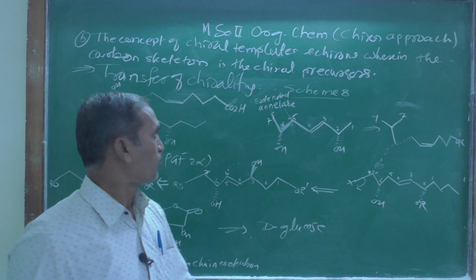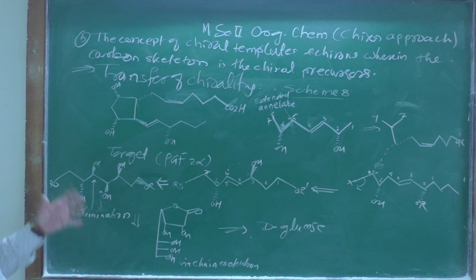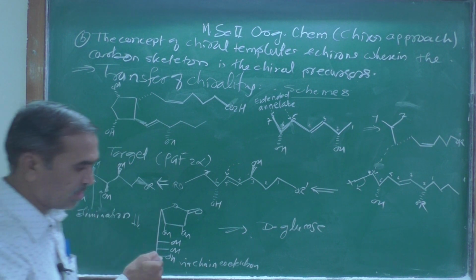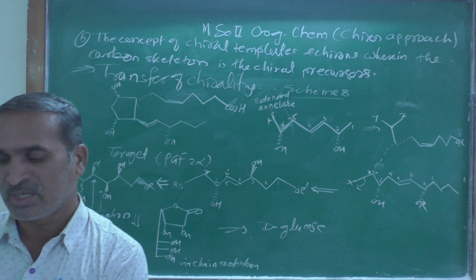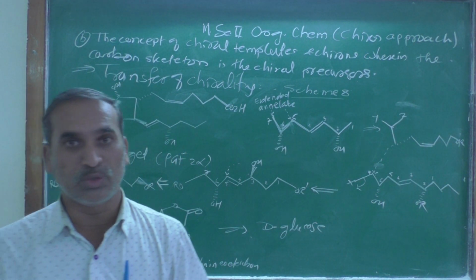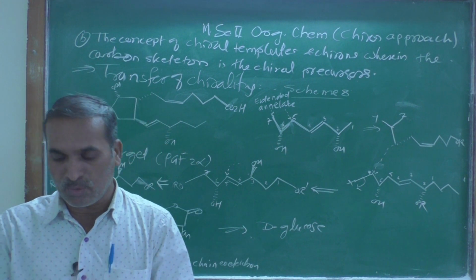So today we are going to discuss transfer of chirality. What does it mean? How the transfer of chirality takes place, that we are going to learn here. Look at what is happening.